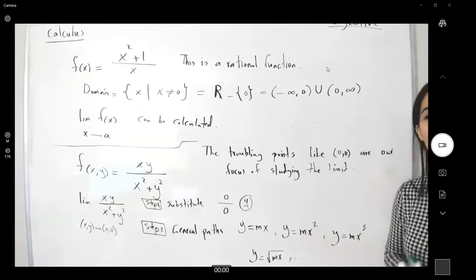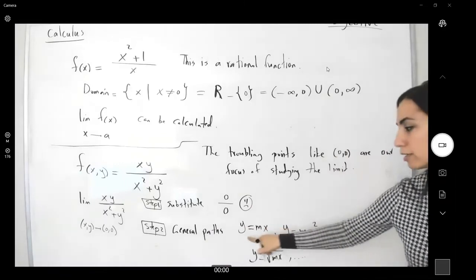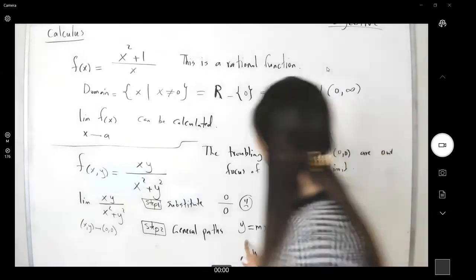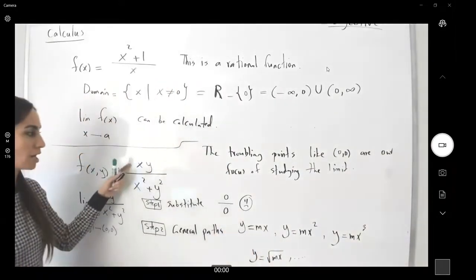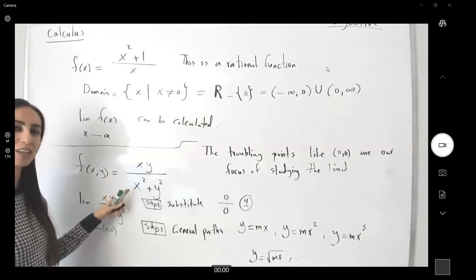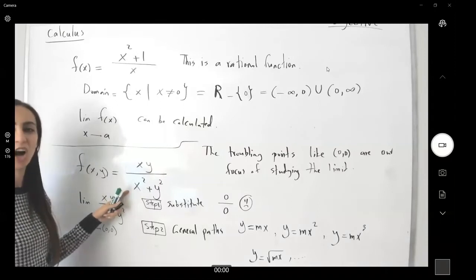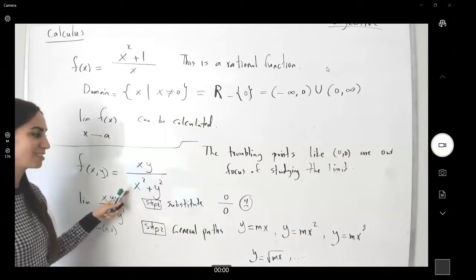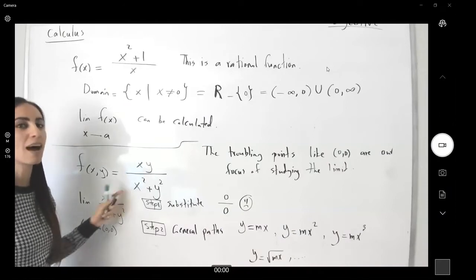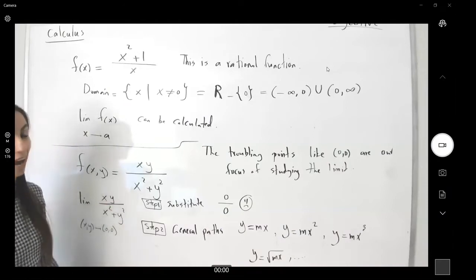As I practiced last week, we saw y equals mx is the best option here for us. If I plug in y equals mx here, I get mx squared divided by x squared times 1 plus m squared. I can cancel out x squared and x squared.